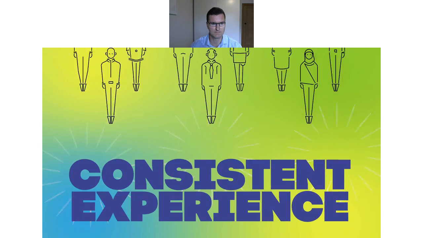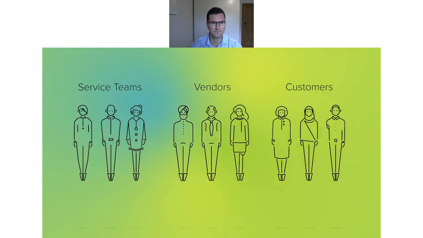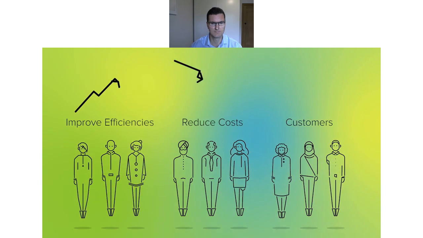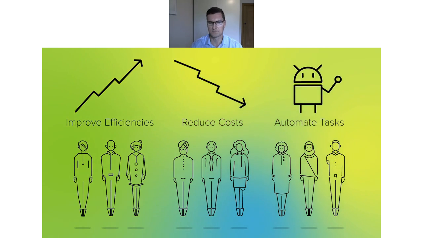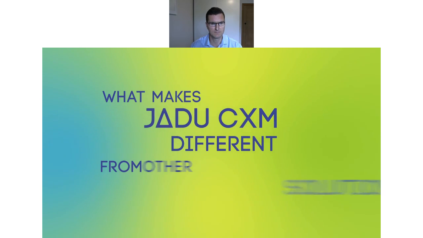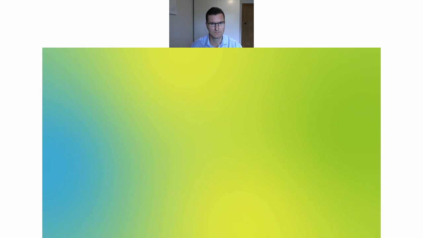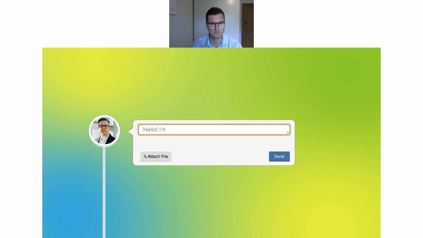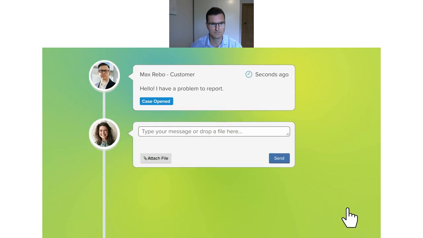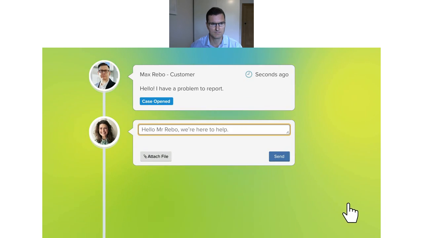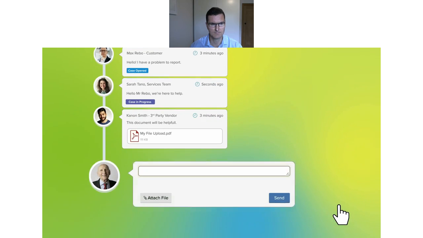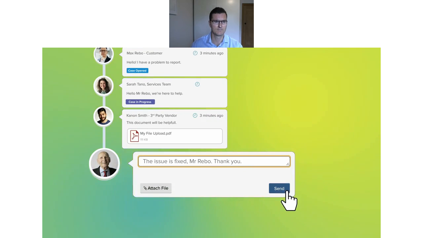Imagine a consistent experience for your service teams, vendors, and customers that improves efficiencies and reduces costs, whilst automating repetitive tasks and giving everyone a single customer view. So, what makes Jadu CXM different from other solutions? Well, there's the easy-to-use case timeline, which provides a single view of interactions and transactions and brings transparency to customer, staff, and vendors. All the details, conversations, data and documents are available in real time when they're needed.